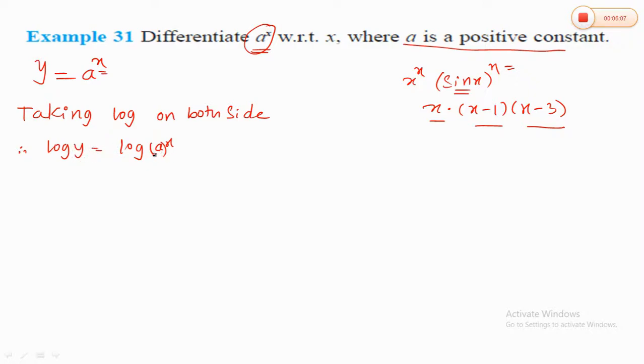Here it is implicit, and we have to apply the property that log m raised to n equals n log m. Using that property, log y equals x log a. Observe here log a is a constant, where a is a positive constant greater than 1.